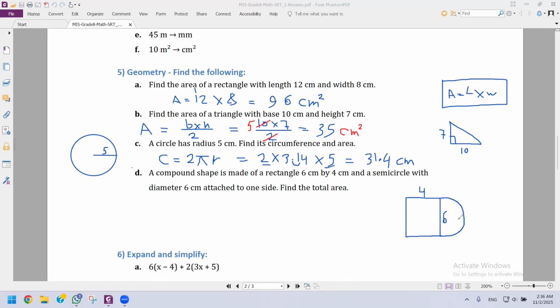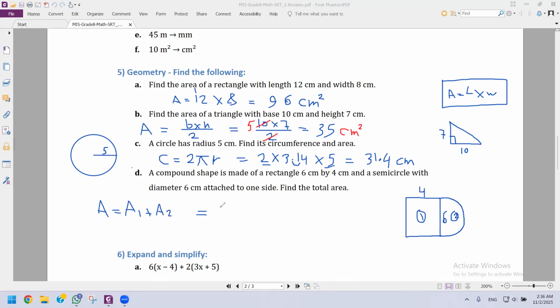This is a semicircle, half circle, and the diameter of it means the line is 6. What did they ask to find? Find the total area. So to find the total area, it's area of the rectangle, area 1, plus area of the semicircle, area 2. So we write A is equal to area 1 plus area 2.